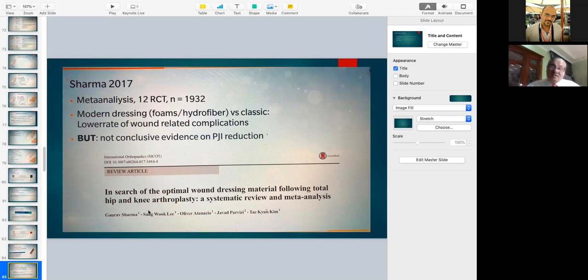Because this dressing actually reduces wound complications, and reduction of wound complications indirectly reduces PJI. There is no direct relation; we cannot say that when there is infection, it is because of the dressing. There is no direct relation, but there is a reduction in wound complications.